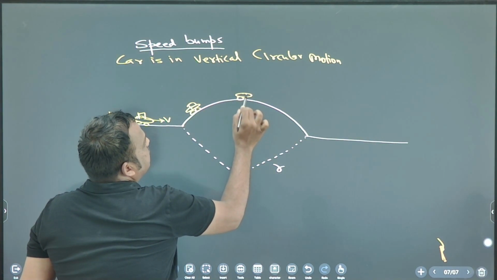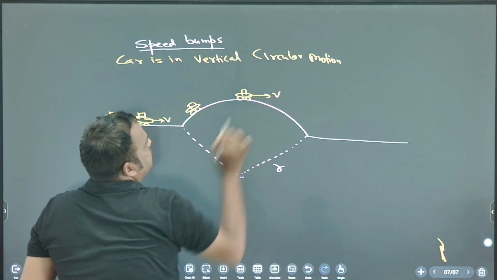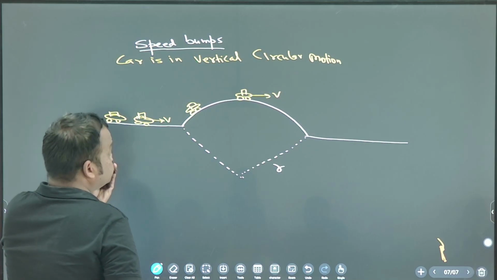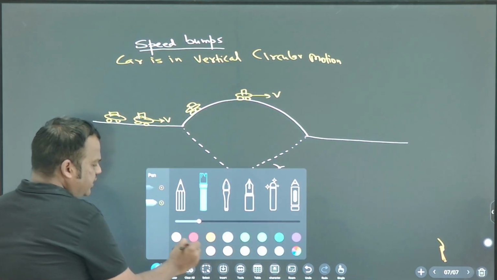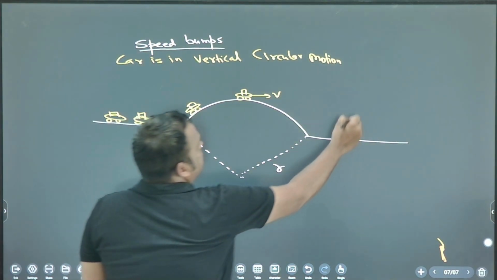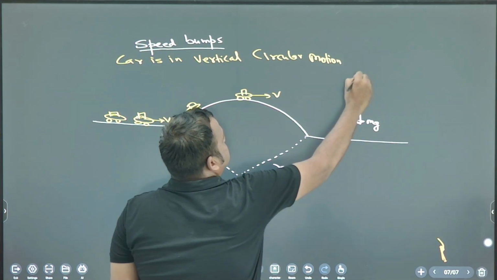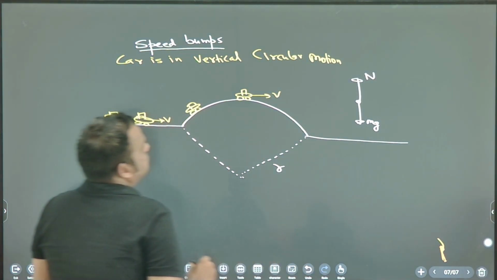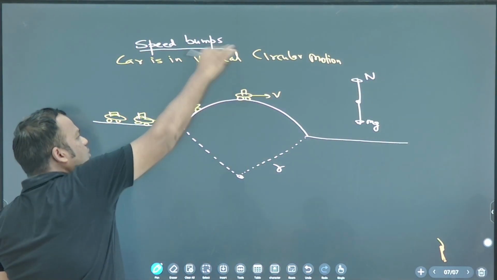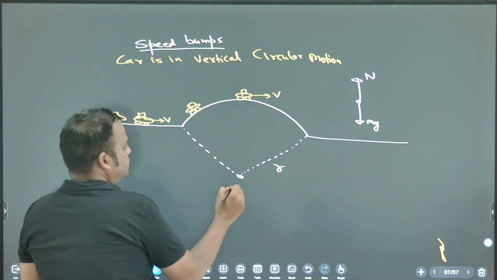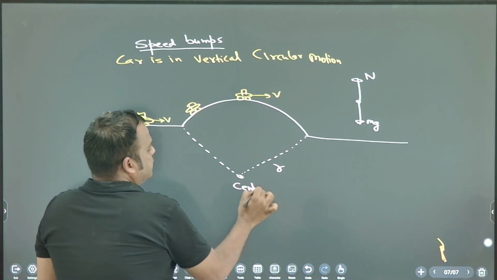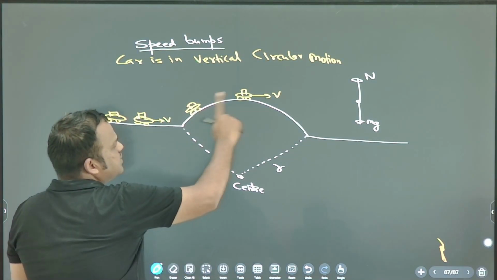Now the car is here. Speed is v. Now draw the free body diagram. What is the downward force? Mg. Upward force? Normal. And is the center above or below? Below. So this is the center. Now it is in circular motion.